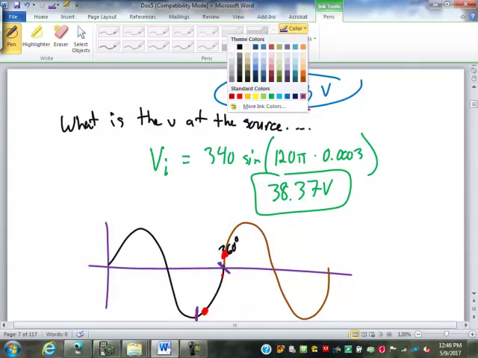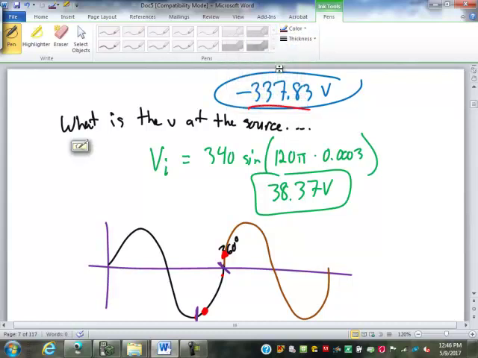Why is the source voltage above it? Because it's 90 degrees ahead in phase. So it's just at that time that's where the source voltage is. So 90 degrees behind it would be right there. So that is a difference of 90 degrees, or pi over 2 really.